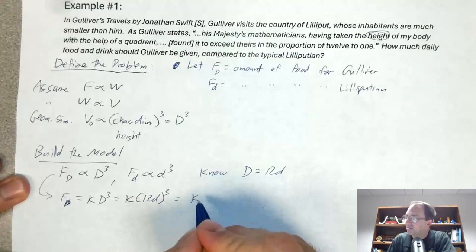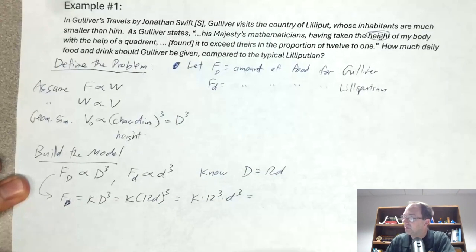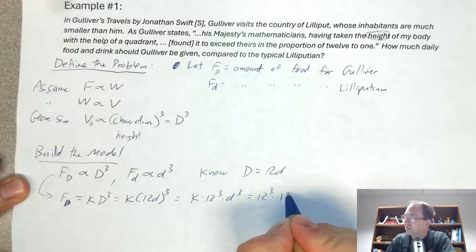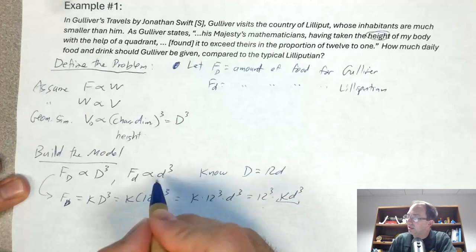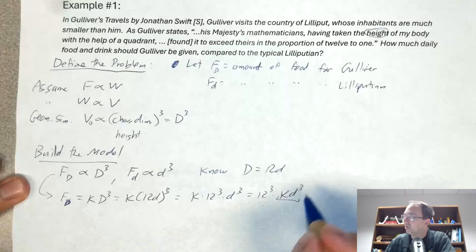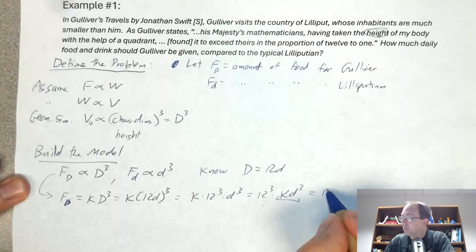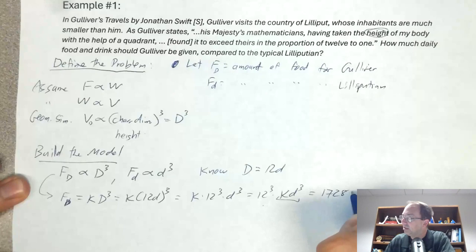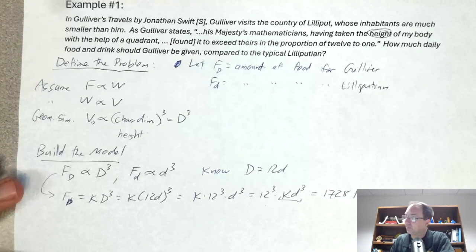We can rearrange things: k times 12 cubed times little d cubed, or what's the same thing, 12 cubed times k little d cubed. But notice this is the same thing as our proportionality over here. So what we really have is 12 cubed. And if you work that out, it is 1,728 times F sub little d.